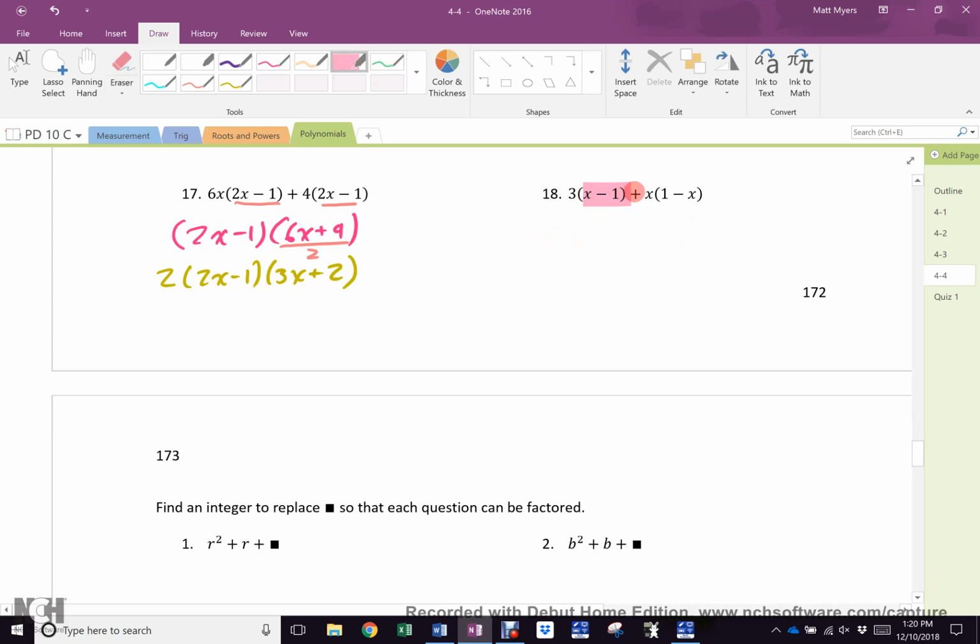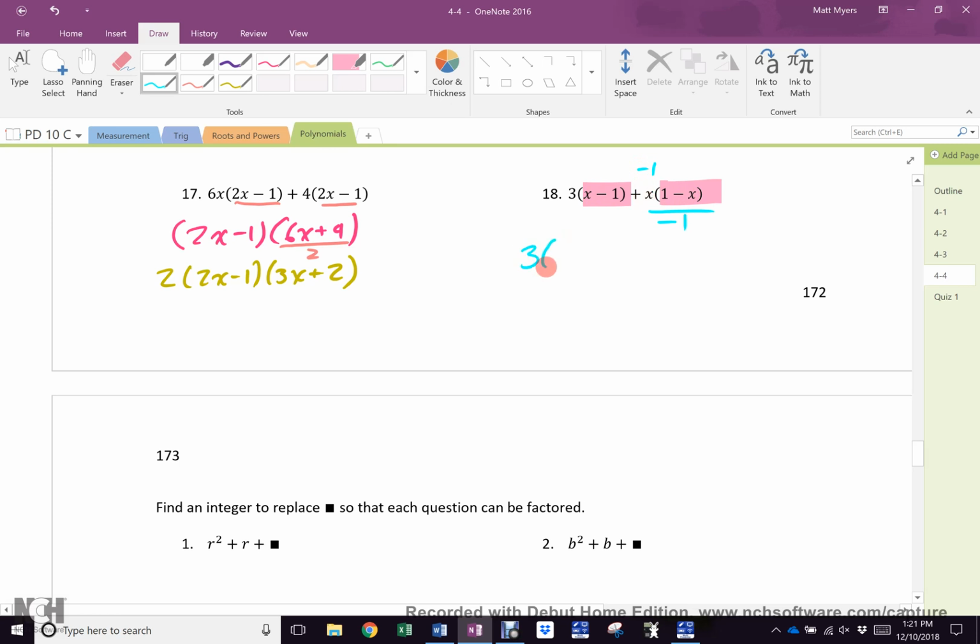What do you notice about that and that? They're almost the same. If I divide that by negative 1, that 1 will become negative, which is what I need. That negative x will become positive, and that negative 1 will come out to the front. Negative 1 times positive x is negative x.